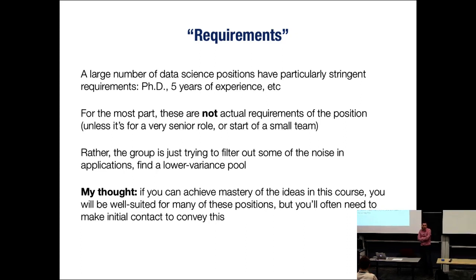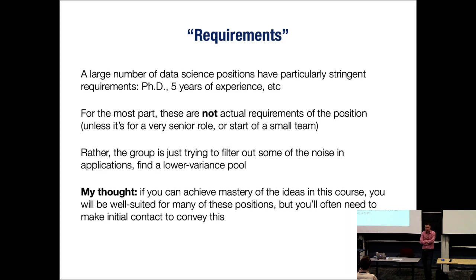The last thing is to your point as well. There are a lot of positions that say for data scientists, minimum of a PhD and 5 years experience required. And the reality is that really is a bogus requirement for all but a very, very small number of positions. What they are trying to do when they put that is they are trying to reduce the variance in their applicants.